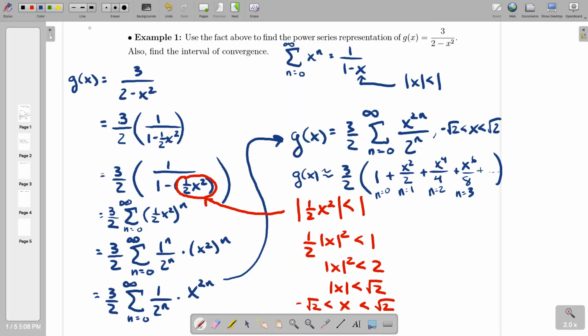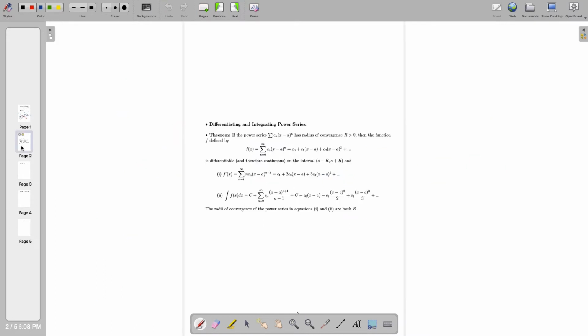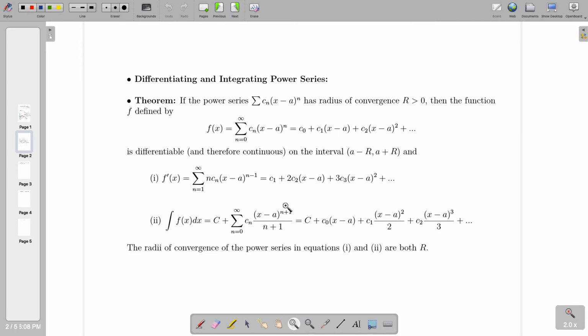All right, so let's take a look at another example. Actually, before we take a look at another concrete example, let's kind of set ourselves up for that example. So the other thing that we want to be able to do is basically do calculus on these power series. So what this theorem says is that if you have a power series, and by the way, if you have x minus a, that's just a more general version of the power series.